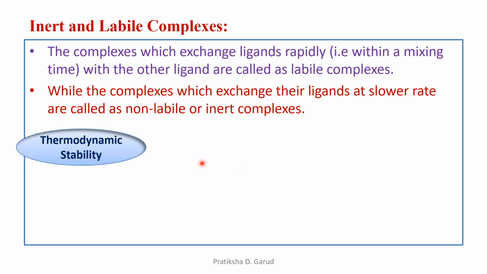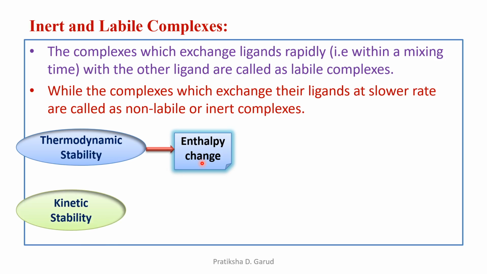In thermodynamic stability, the stability of the complex depends upon the enthalpy change of the reactants as well as the products, whereas the kinetic stability of the complex depends upon the activation energy.